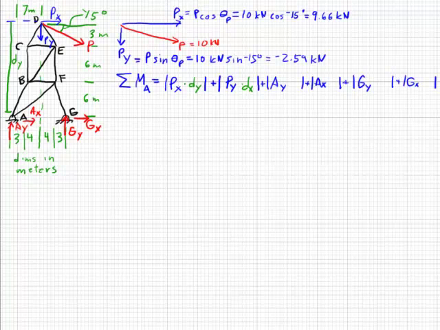Next, we need to fill in all the distances for each of these. Seems overwhelming, but it's fairly easy. The distance from point A to point A is 0. There's no distance. It's the same point. So this gets multiplied by 0, and this gets multiplied by 0. So we can ignore those.